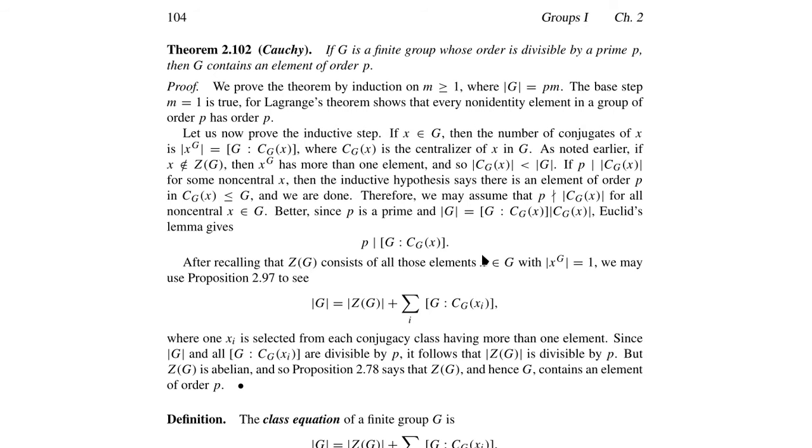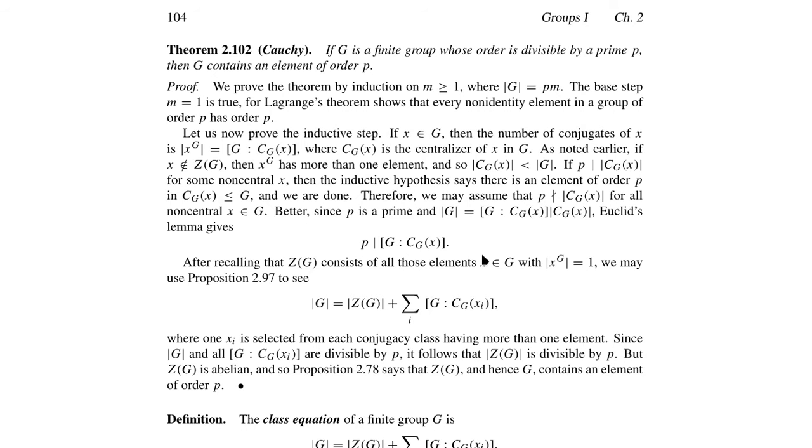If you assume that it's not divisible, so P does not divide the number of elements of the centralizer, as P is a prime, then the order of G is going to be equal to, so this is just by the counting formula, right?